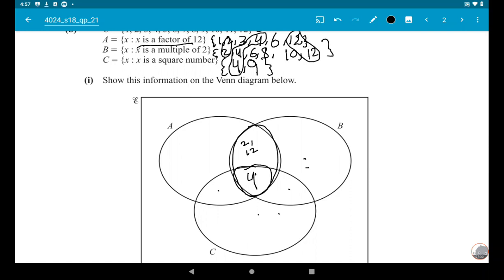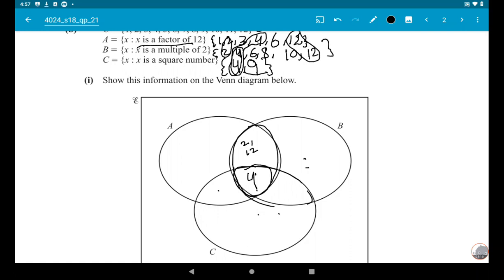Okay, so the common part of B and C is 4, which is already written because this part is B and C. The B and C common part has nothing else, so this is empty.